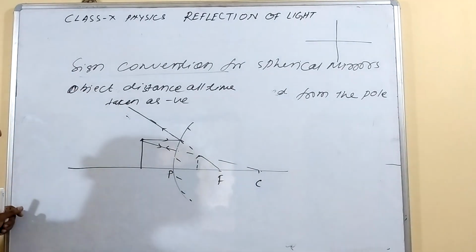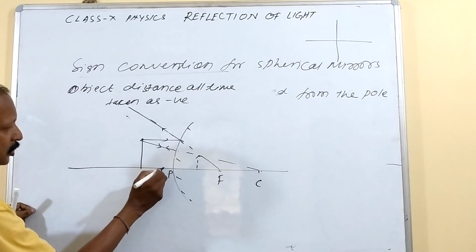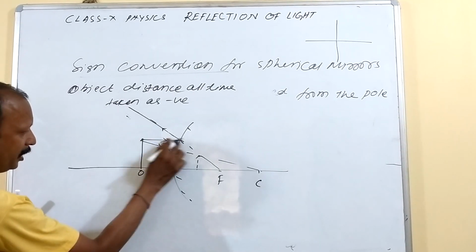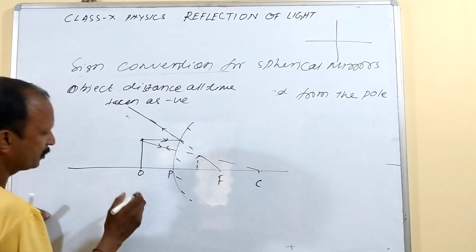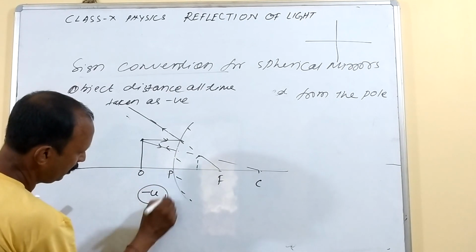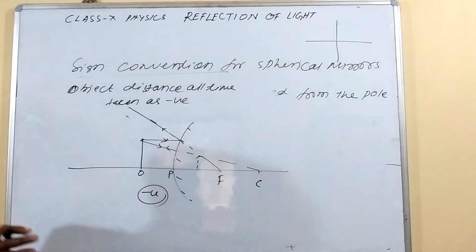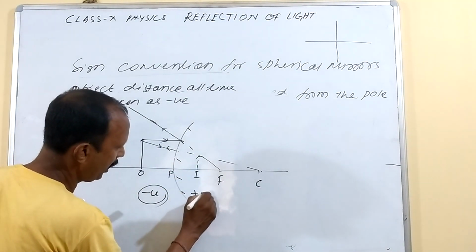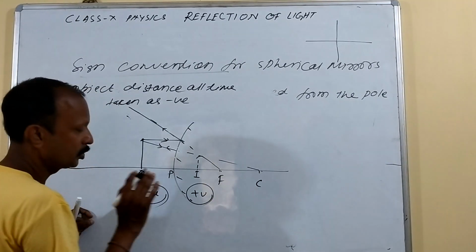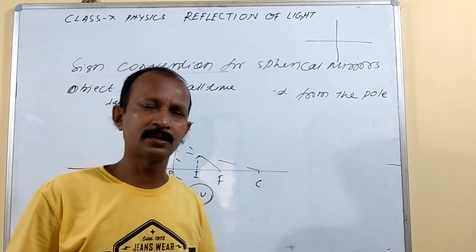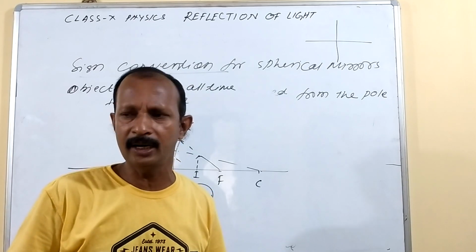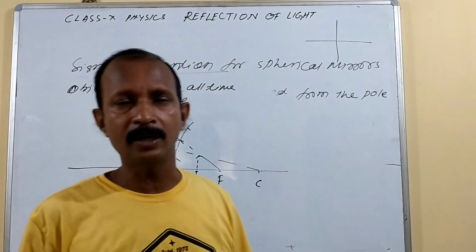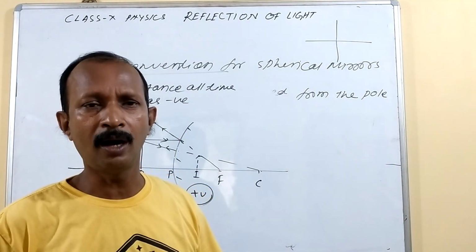What about the object distance here? All the time we measure from pole to object. This is the incident ray. I am measuring opposite to the incident ray. That means object distance here is negative. What about the image? From pole to image, this is taken as positive. So, object distance in both cases, whether concave mirror or convex mirror, all the time comes negative.